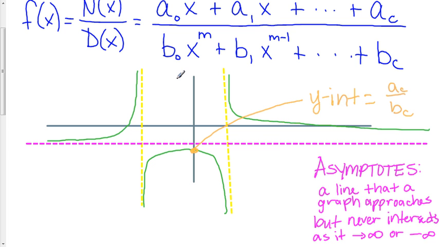Now, to find these asymptotes, you have to know some rules. First, the vertical ones.